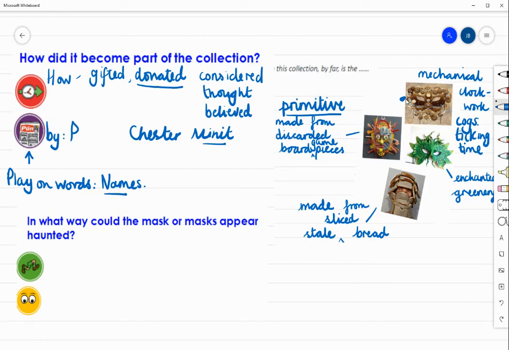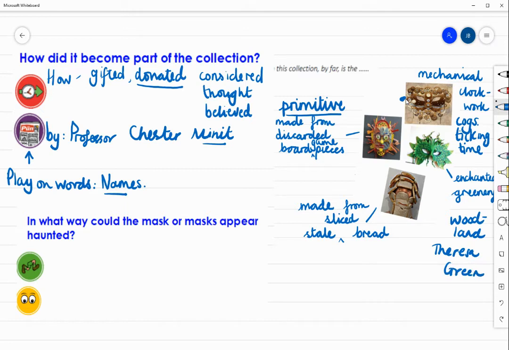So he's going to be Professor Chester Minute. So, for example, another one could be this particular one, because it's greenery and it's leaves and it may have come from a woodland. You could have Teresa Green. I'll note that down.